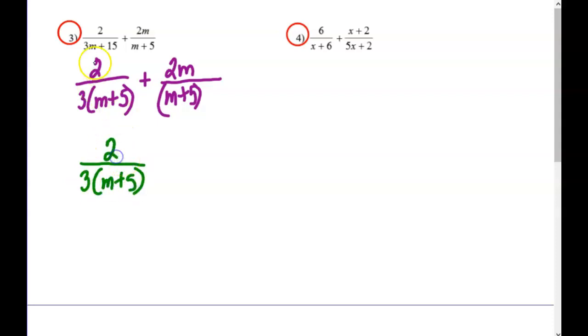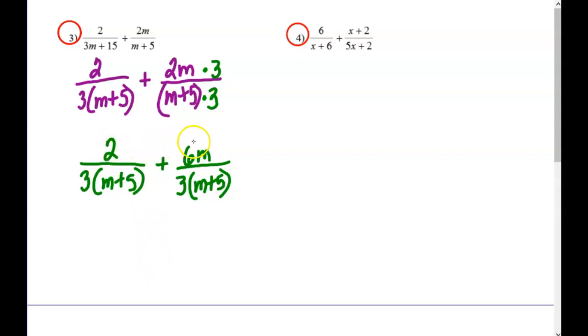So this one already has it. This one needs to multiply by a 3 over 3 so that it will become a 6m over 3m plus 5s. And I don't care if you don't show all of this on every problem. I'm just trying to make sure you're following what I'm doing at this point.